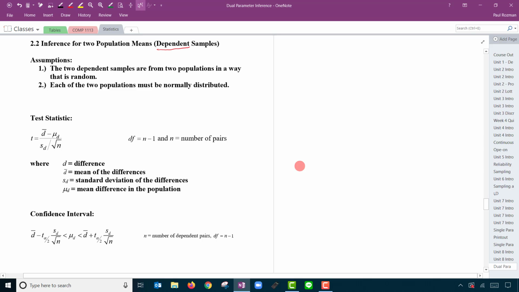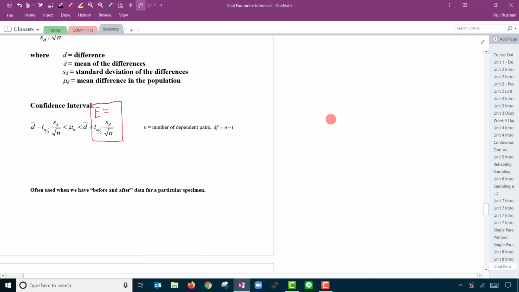We can also construct confidence intervals for these mean differences, where here is our formula for the error. It's a t-score times the standard error. A weird thing here is the n is the number of pairs, not the number of individual values that you have, and your degrees of freedom are just n minus 1.